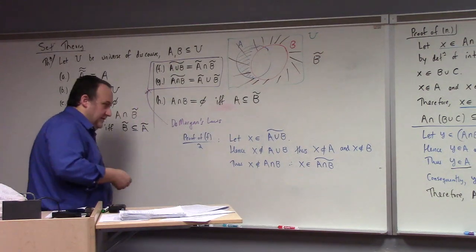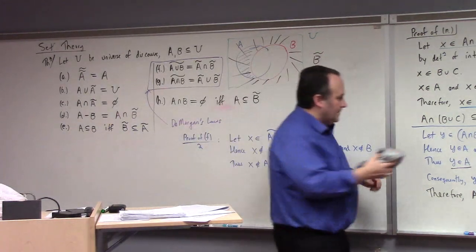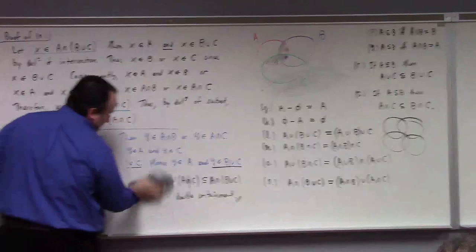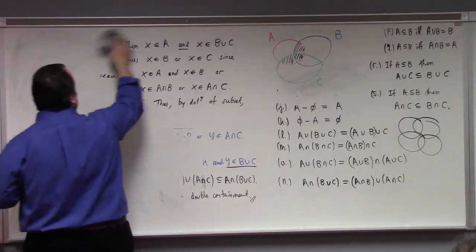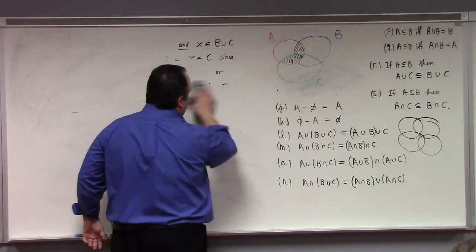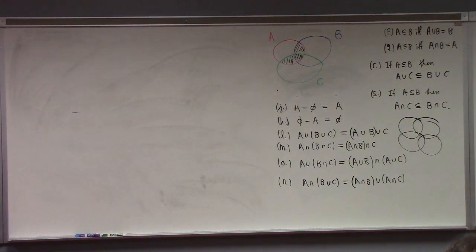All right, so let's move on here. I think I've shown you guys enough of these sorts of proofs that you should have a good shot at doing the corresponding homework problems. It's just stringing together the definitions of union and intersection, set difference, and subset and so forth.